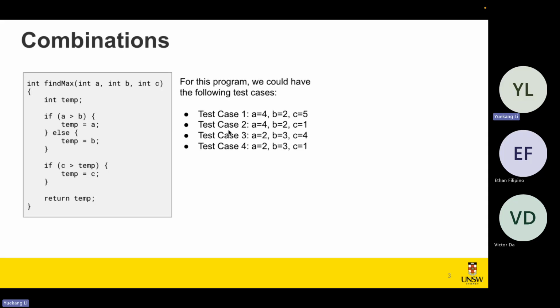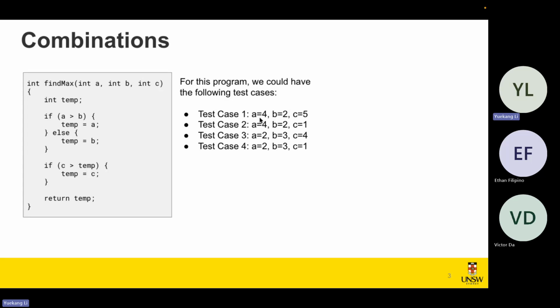So we can try out different combinations, these four combinations here, to try to cover all the relationships among these input parameters.